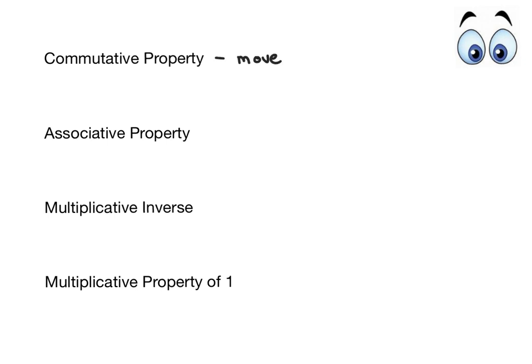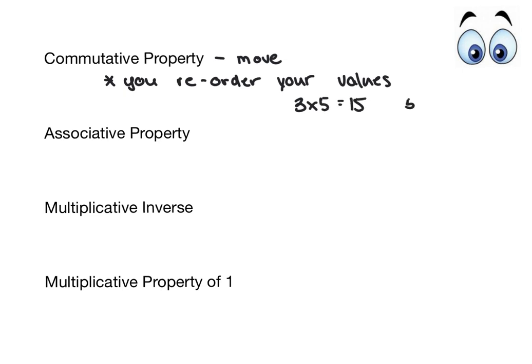So the commutative property means that for multiplication, you can reorder your values to make them easier. So what I mean by that is if you had 3 times 5, that's equal to 15. You could also do 5 times 3 because that's 15. So you can flip-flop the numbers.